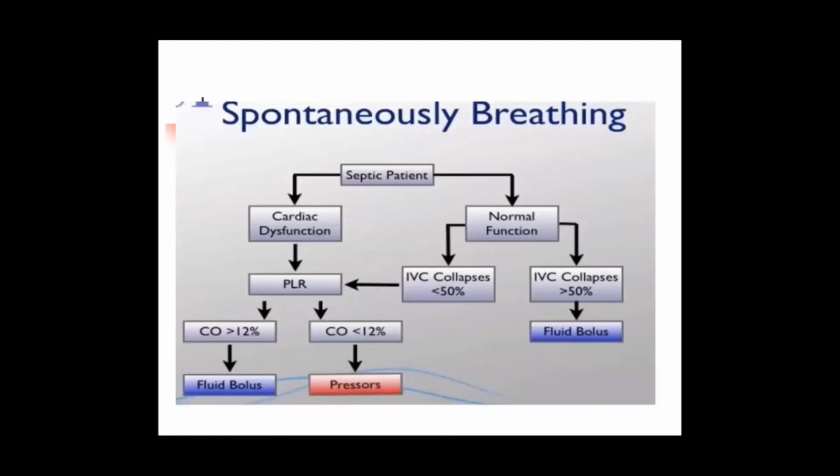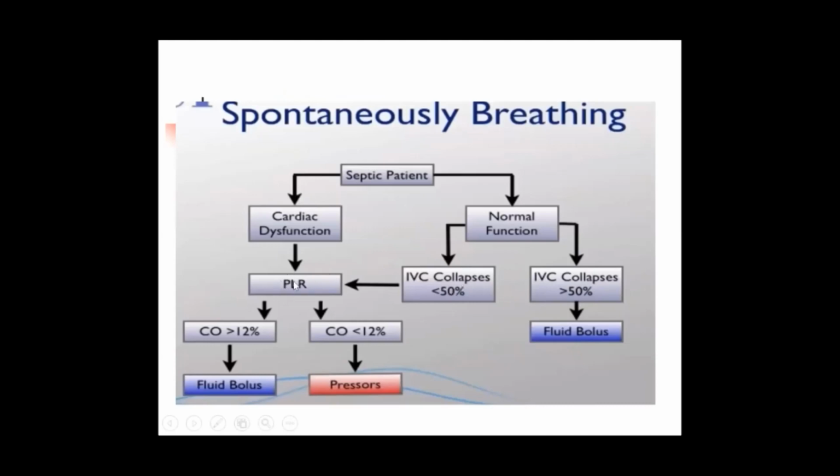This is a flow chart of a spontaneously breathing septic patient, where we can see what steps we can take to decide on the fluid response. If the patient's cardiac function is normal, we can just do the IVC distensibility. If it collapses more than 50%, just take a call and give a fluid bolus. If the IVC collapsibility is less than 50%, do a PLR.